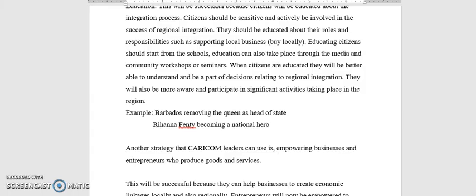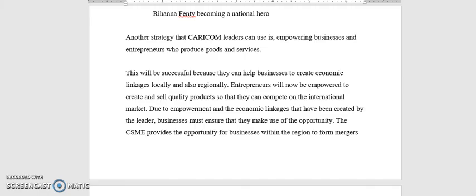All right. Another strategy that CARICOM leaders may use is empowering businesses and entrepreneurs who produce goods and services. This will be successful because they can help businesses to create economic linkages locally and also regionally. Entrepreneurs will now be empowered to create and sell quality products so that they can compete on the international market. Due to empowerment and the economic linkages created by the leaders, businesses must ensure that they make use of the opportunity.